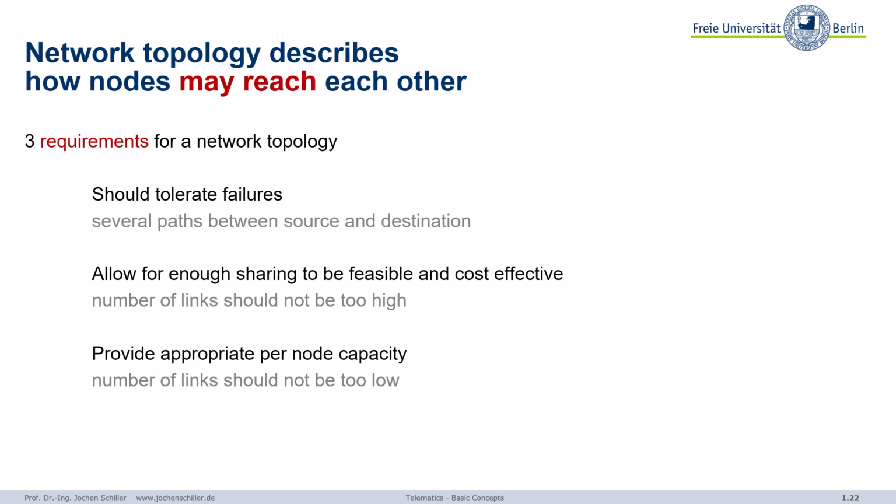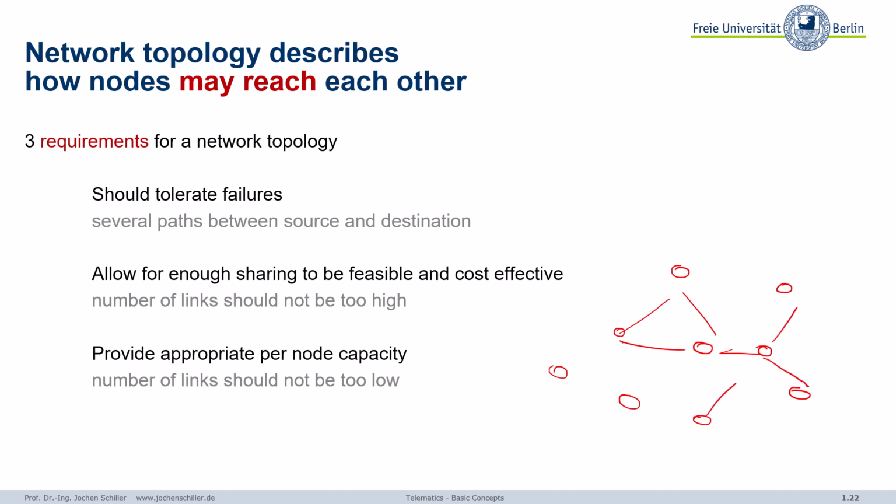But in real systems, it's quite important to think of the basic requirements for a network topology. So a network topology, in the end, is just a graph where you have end systems, intermediate systems, whatever, and they are somehow connected.